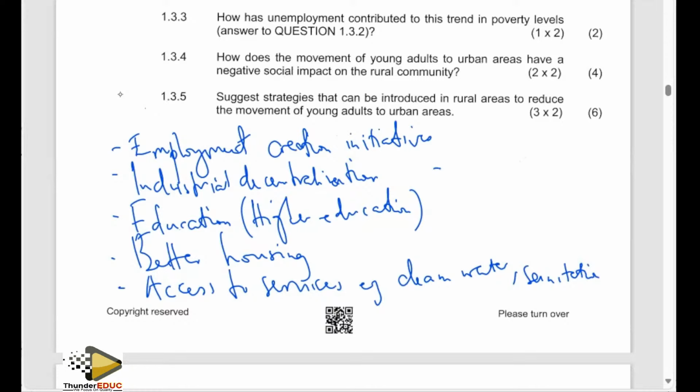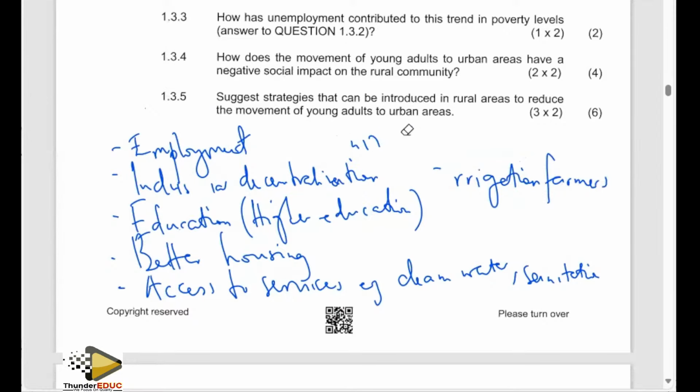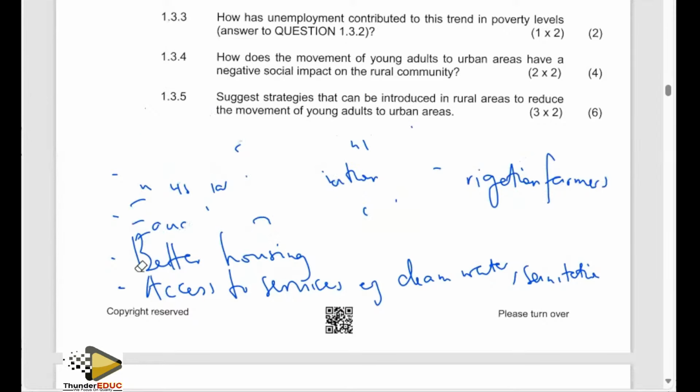Or we can talk of introducing irrigation farming for the farmers in rural areas for them to realize agricultural production, so that they benefit from their activities in the rural areas and do not think of moving to urban areas. So there are so many strategies that you can talk about. We cannot exhaust them, but I am just highlighting some of the possible strategies that can be put in place to address the problem of extensive rural urban migration.